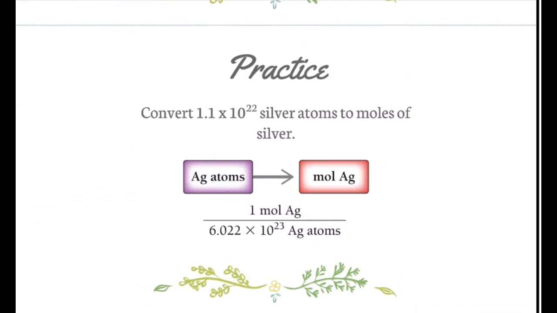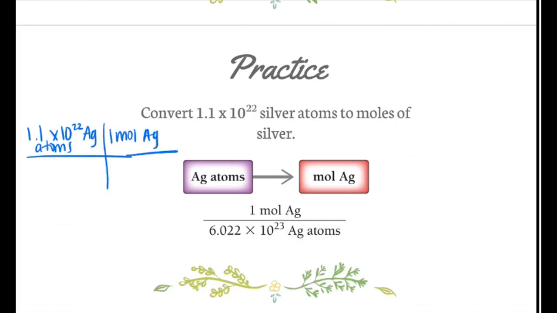Okay, so to do this one, I have 1.1 times 10 to the 22 silver, which is Ag atoms. And I want moles, so 1 mole of silver atoms is going to equal 6.022 times 10 to the 23 silver atoms.